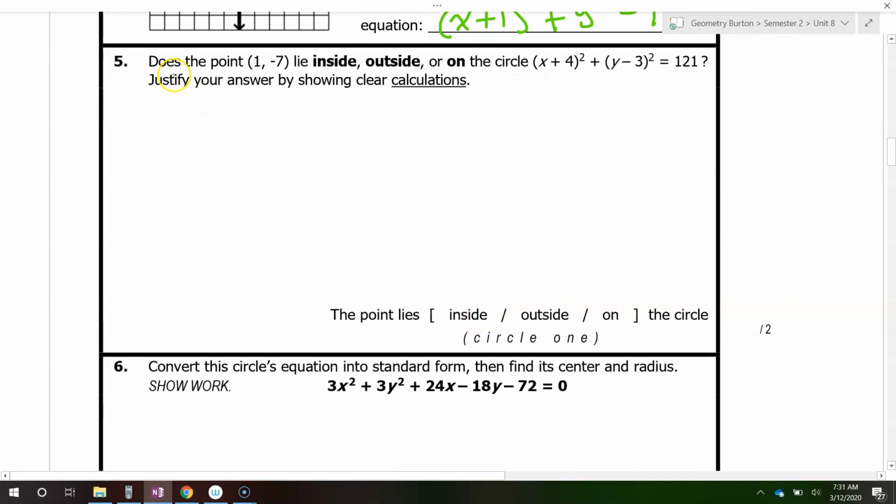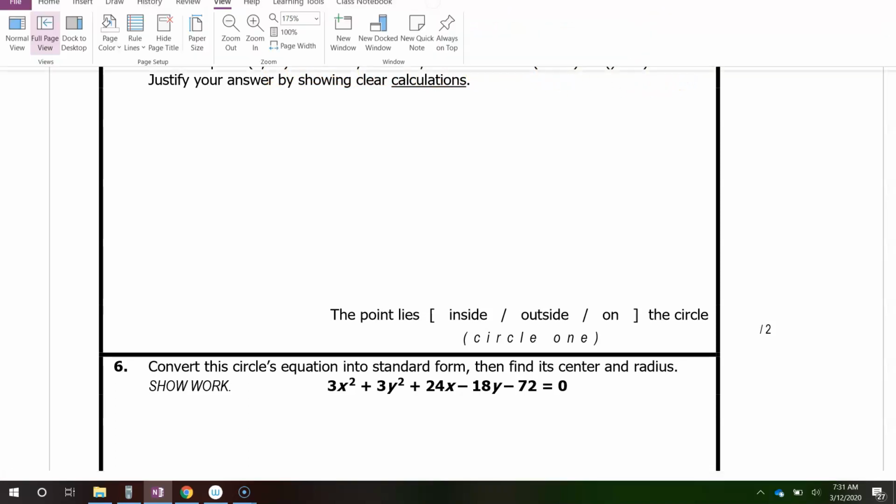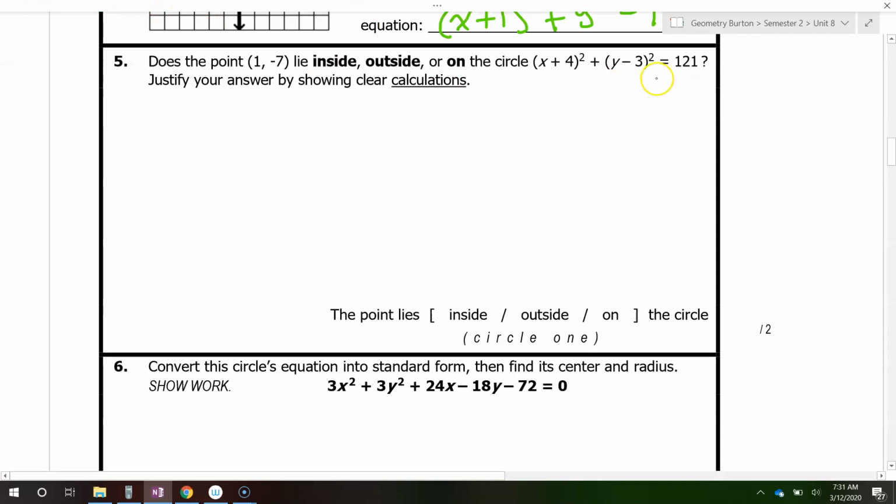Now, does the point (1, -7) lie inside, outside, or on the circle given here? Well, let's use this equation as a test. So I'm just going to recopy it. So I've got (x plus 4) squared plus (y minus 3) squared.